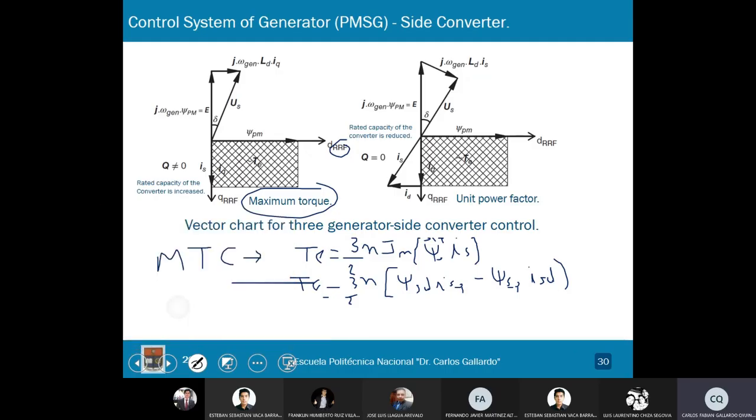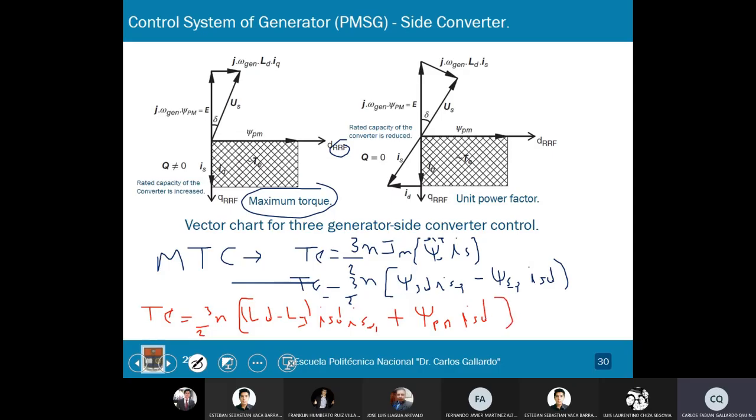My final equation to compute the electromagnetic torque is equal to 3/2 times the number of poles, times the direct axis inductance minus the quadrature axis inductance times the stator current on D axis times the stator current on Q axis, plus the permanent magnet flux times the stator current on the Q axis.